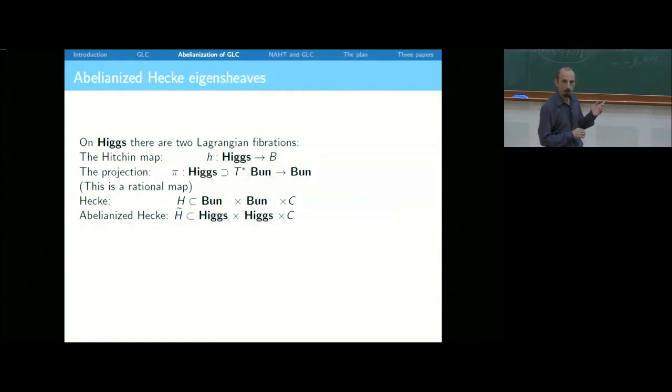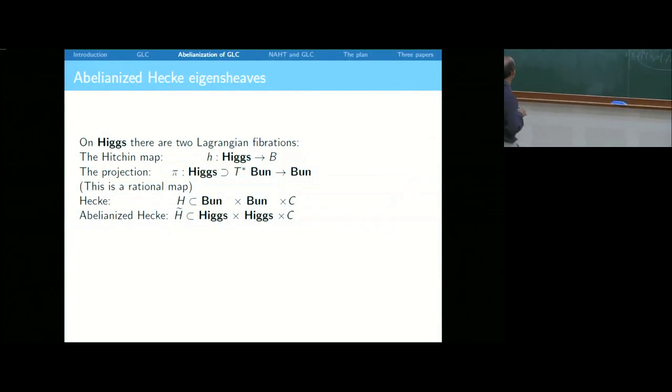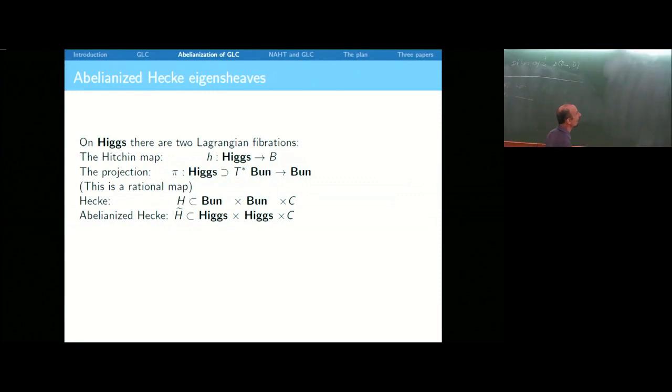I'm thinking of this in the context of stacks mostly. Yes, I am in the context of stacks, and therefore I don't need to worry about the fact that it would be rational if I were doing it in geometry. Thank you, yeah.